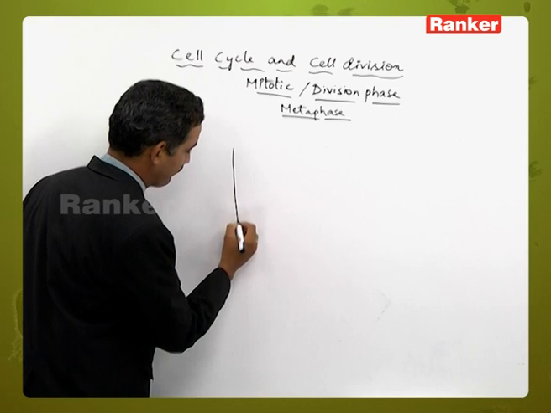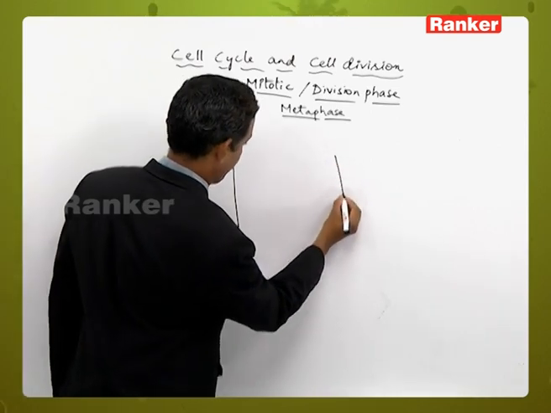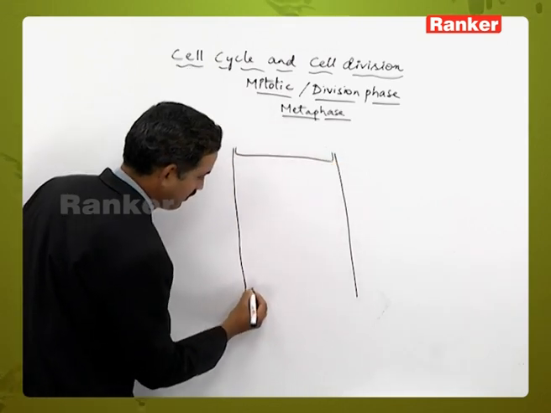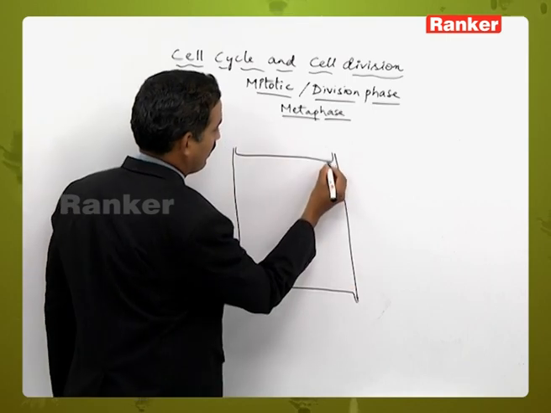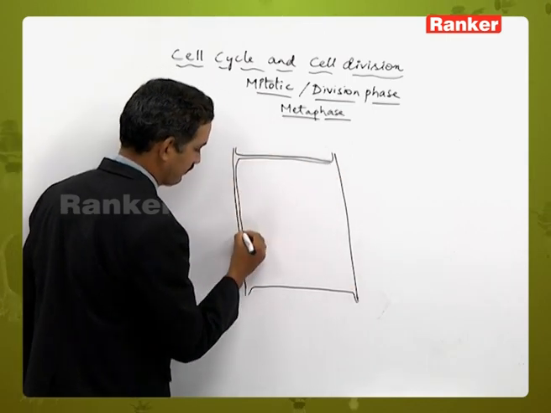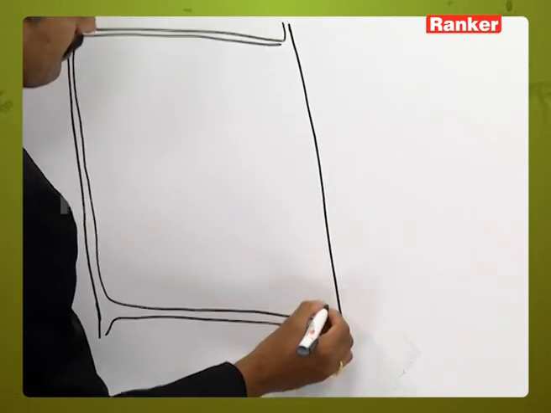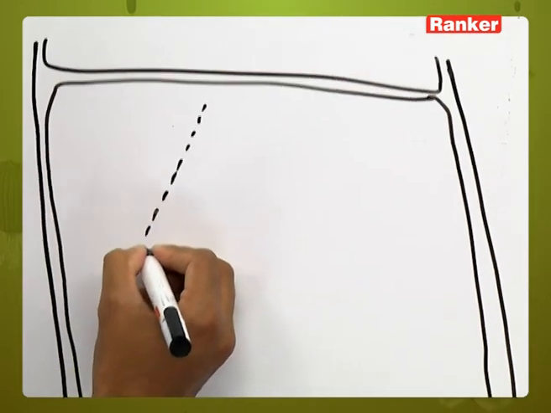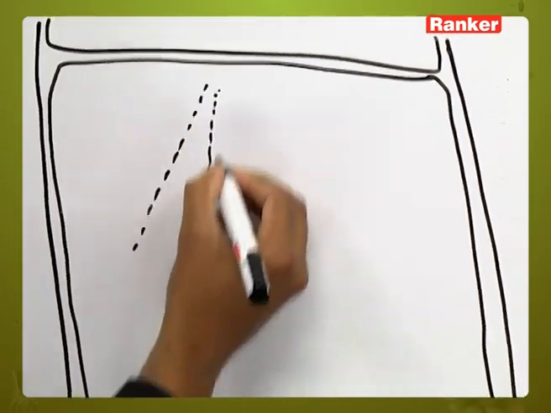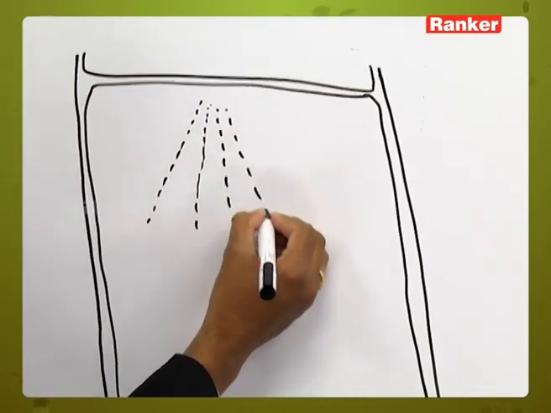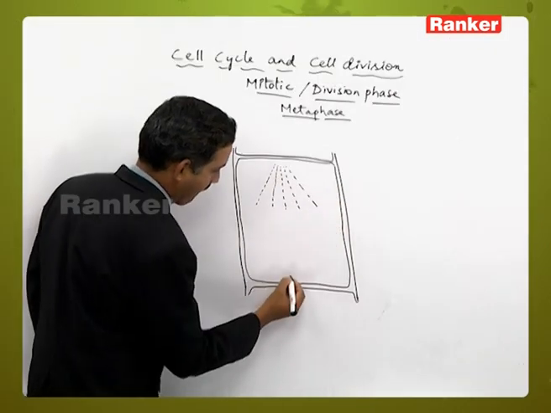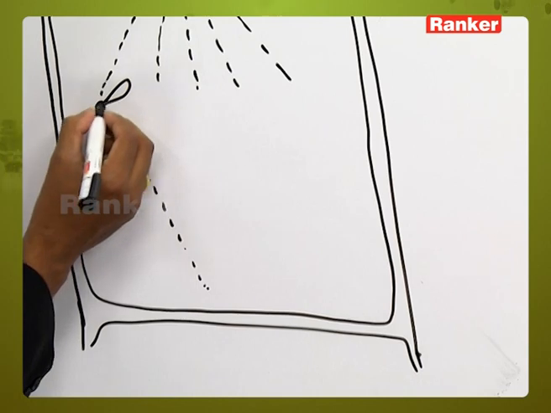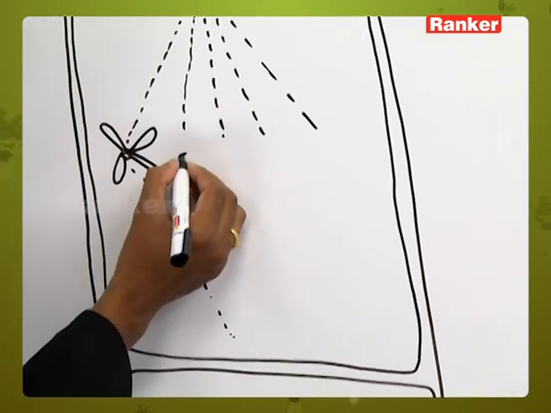Consider the cell, which has the cell wall, plasma membrane, and here the spindles which have been formed. Like this, they will reach up to the center, where they will come and attach to the centromere of the chromosome.